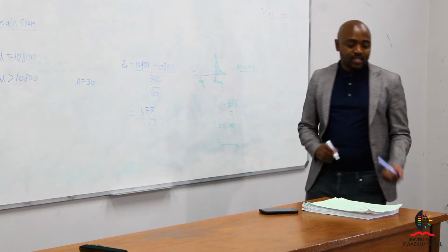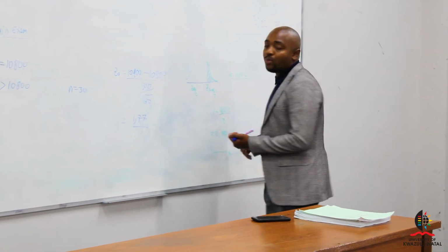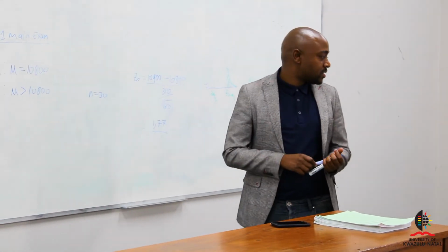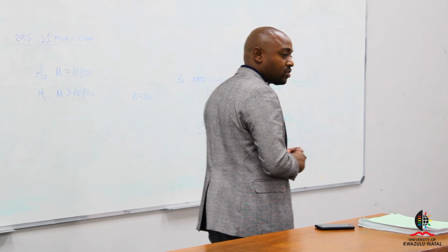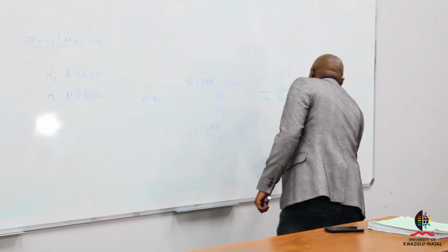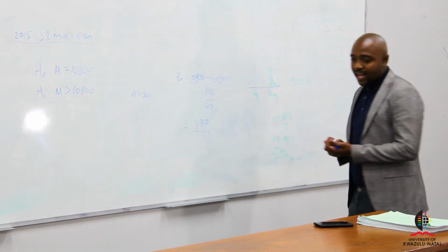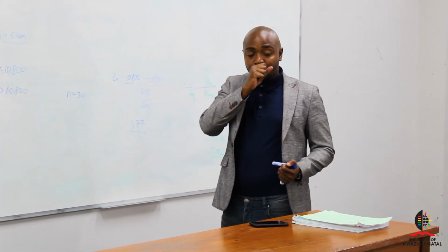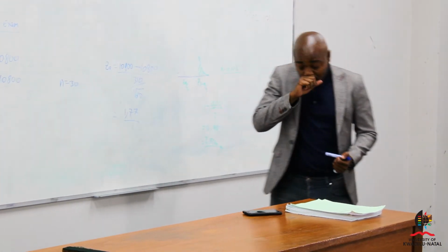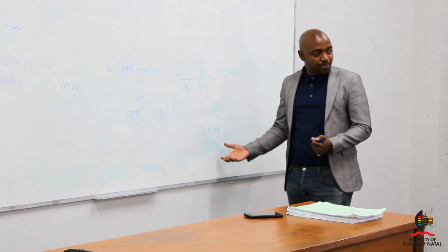So what is your Z under this alpha? It is 1 point? From your Z tables, selected percentiles? 2.326, right? Again, if your test statistic is positive, you will assume that your critical region is also positive.